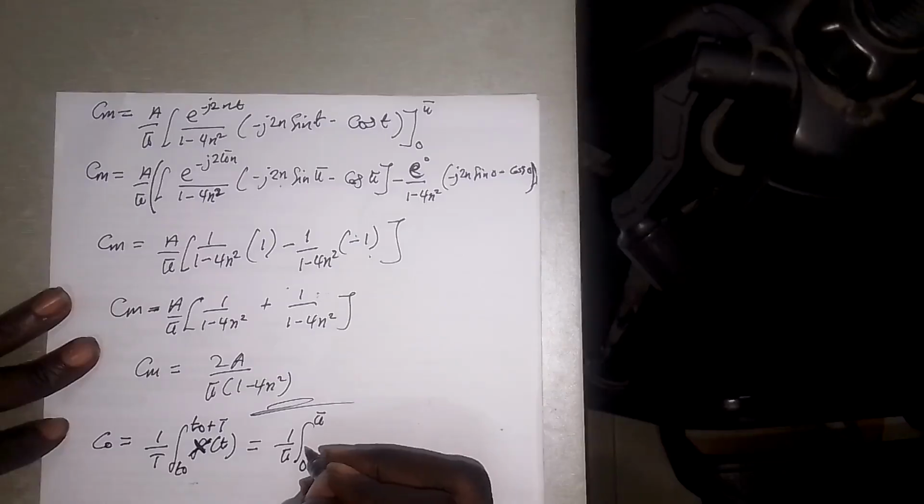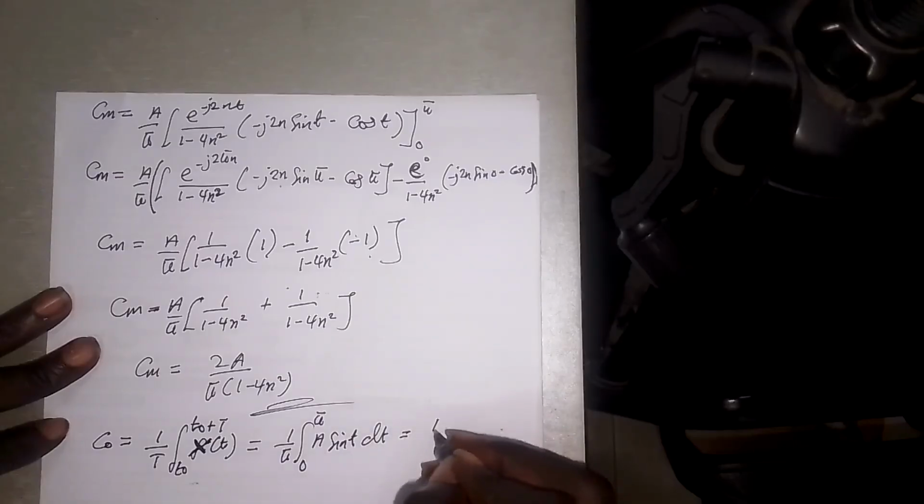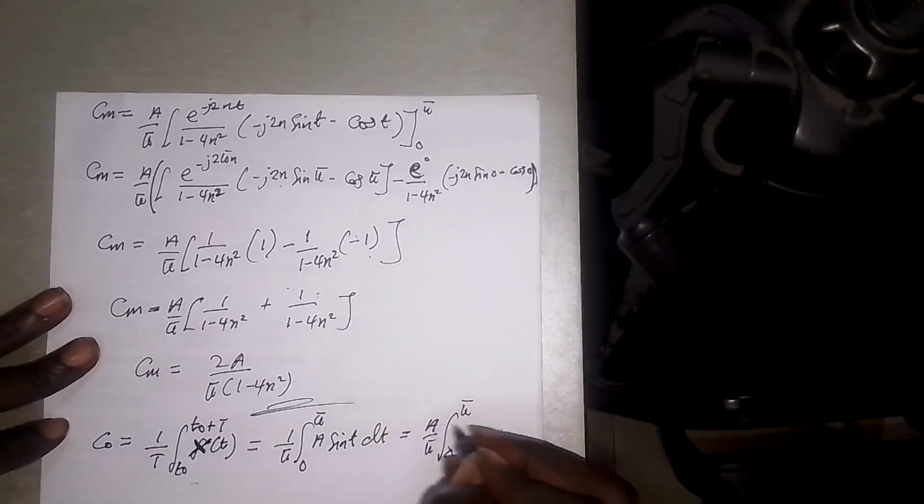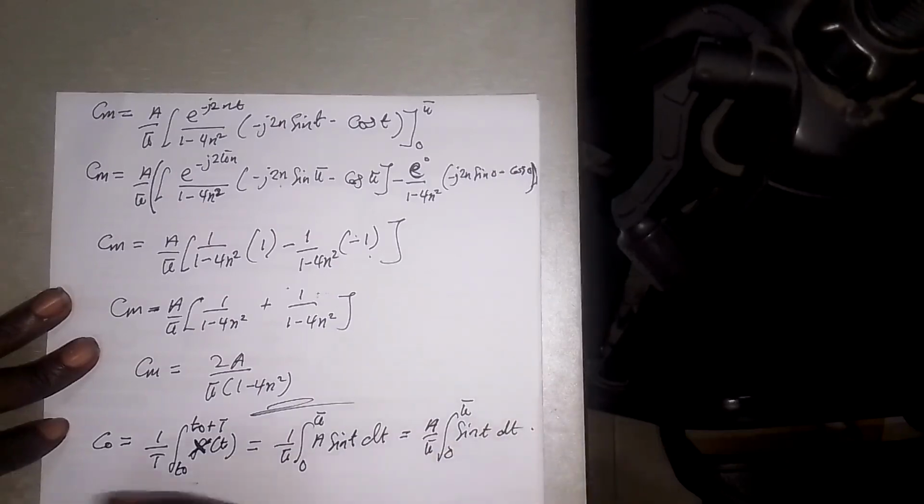What is x of t? X of t is A sine t dt. So this is equal to 1 over pi into the integral from 0 to pi of A sine t dt.